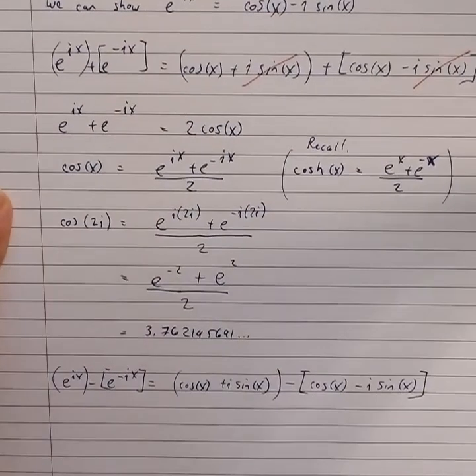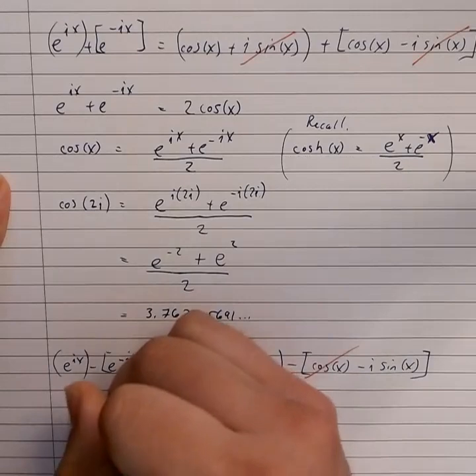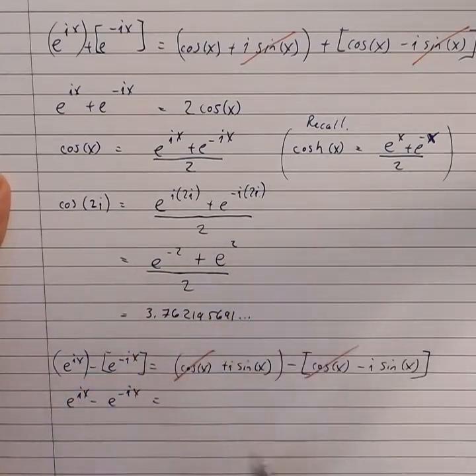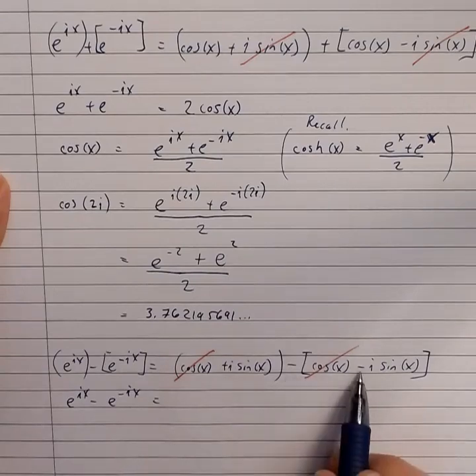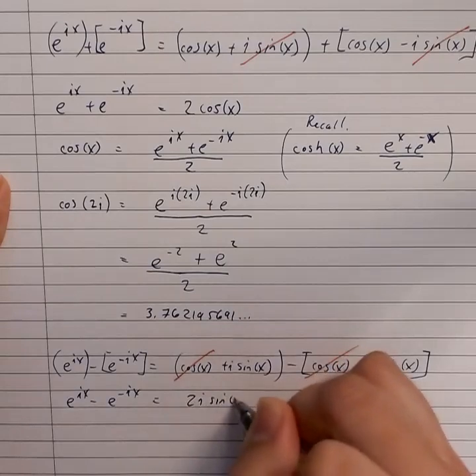But now by subtracting those, these two subtract away, and we're left with e to the ix minus e to the minus ix is equal to, well, here the double negative makes that a plus, so that's going to be a positive 2i sine of x.